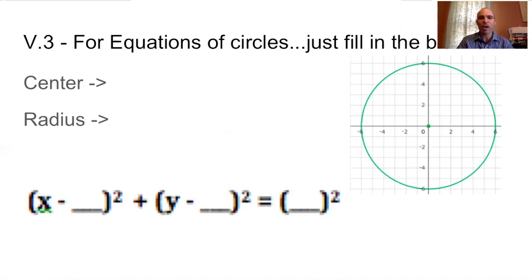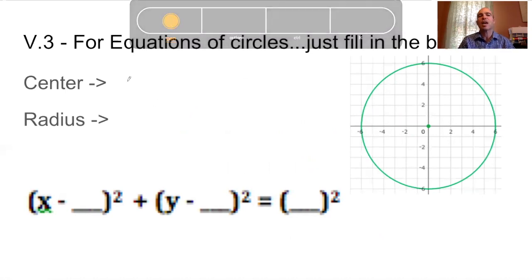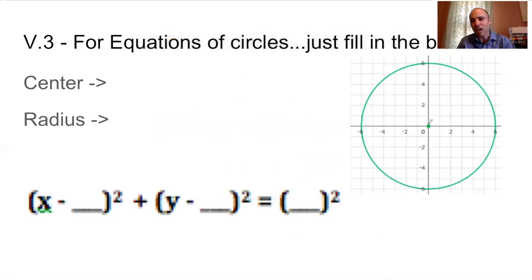Okay, so if you're asked to write the equation, well, again, the only 2 things that always matter when you're talking about equations of circles are what is the center, and in this case, that center is 0, 0, right? And then what is the radius? And in this case, yeah, I'm using the same example over and over again. That radius is 6, right?